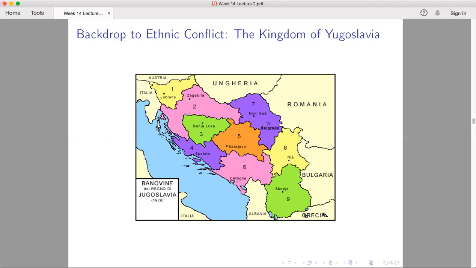This used to be the Kingdom of Croatia, but they named them instead after rivers and major waterways, in order to break up some of that ethno-nationalism. So in general, in the early period of the Kingdom of Yugoslavia, throughout the post-World War I period, we didn't have that much ethnic conflict and ethnic violence.